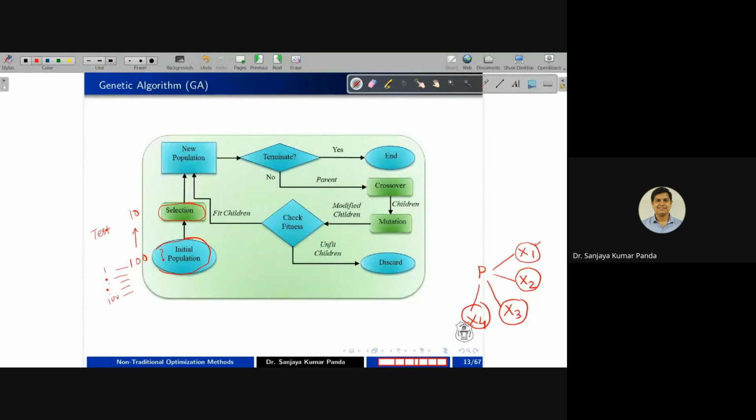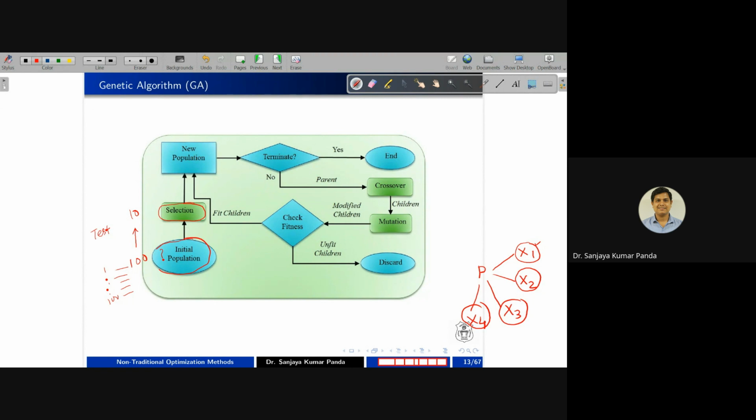After finding the fitness value of each solution, you have to shortlist only 10 solutions. In the case of minimization, you will choose the lowest 10 values, or in the case of maximization, you will choose the population generating the highest values.